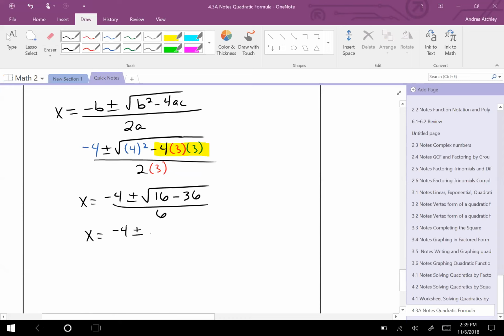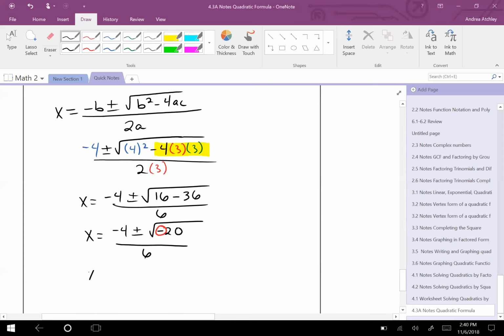So you need to stop talking now. 16 minus 36 is negative 20. Again, I have a negative here, so that should be an imaginary number.